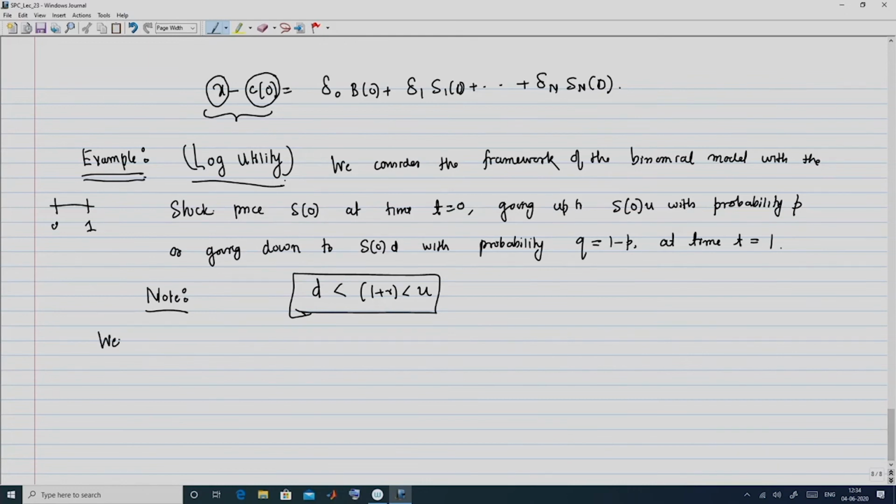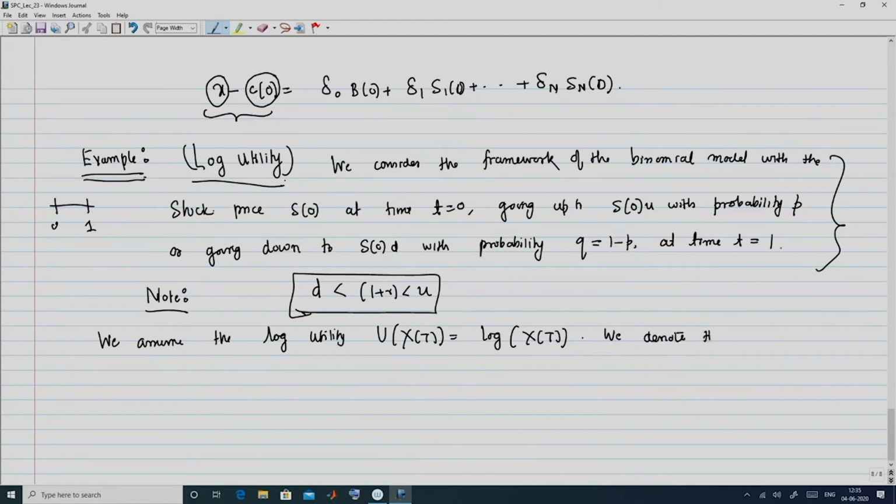Okay, so now once we have this setup for the asset prices, we assume the log utility, that is u of x of t is log of x of t, and we make the investment in one stock and one bond.